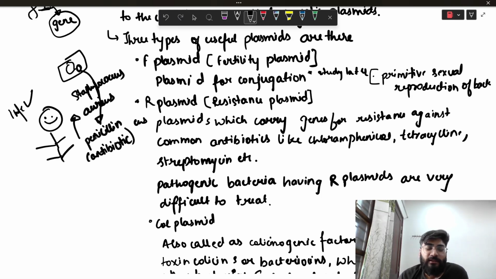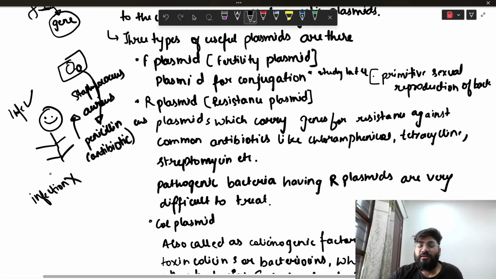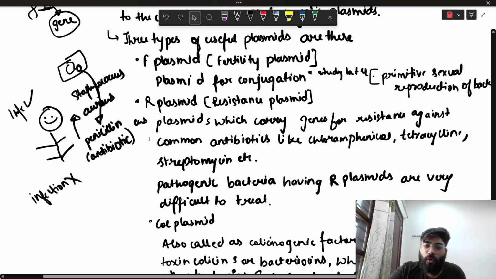So instead of getting killed, it is going to resist that damage, penicillin is not going to work, and the infection will not be cleared.